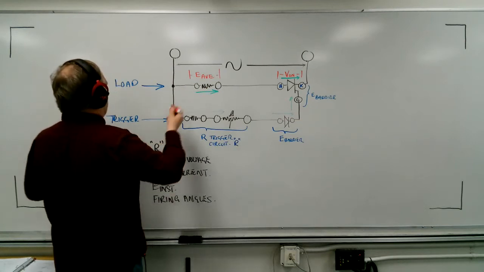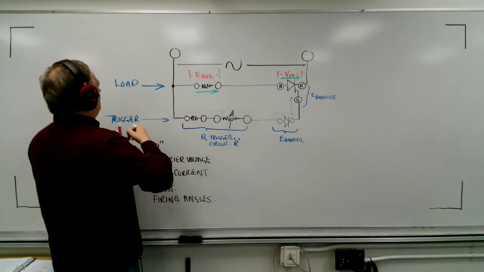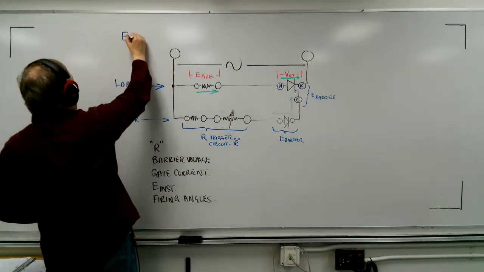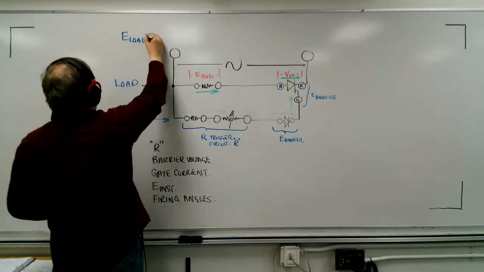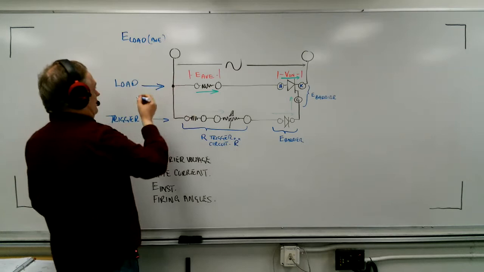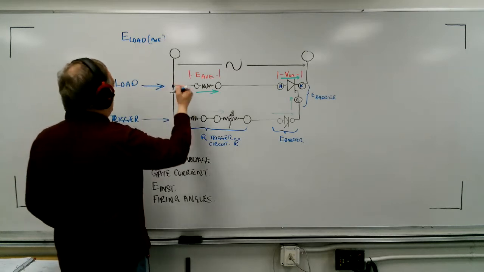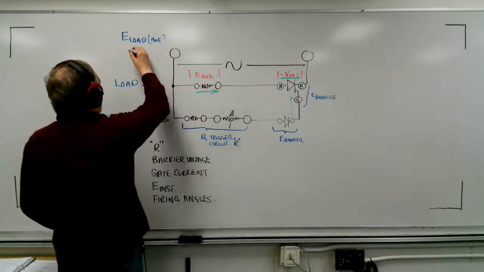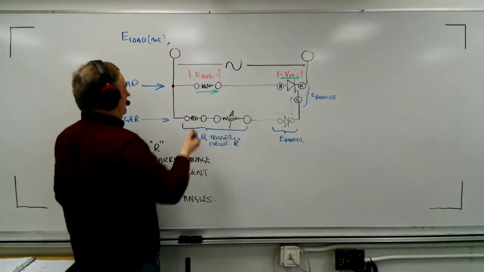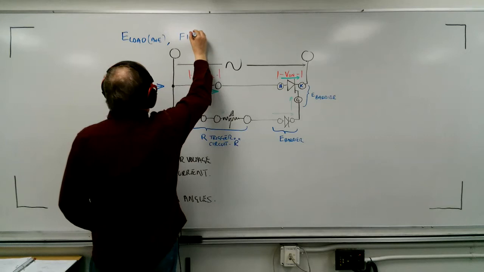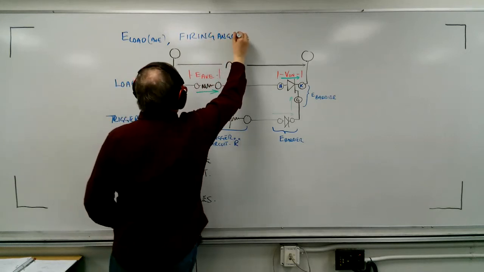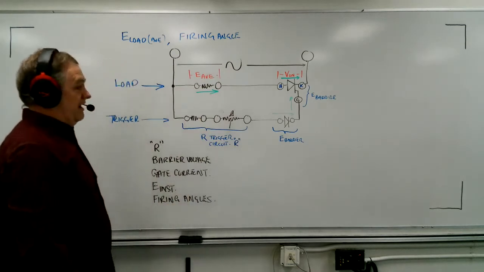When it comes to E average, there's really just a couple of factors. So we've got E load, the average voltage. In order to work with this E average, there's one piece of information that's vitally important, and it's the firing angle.